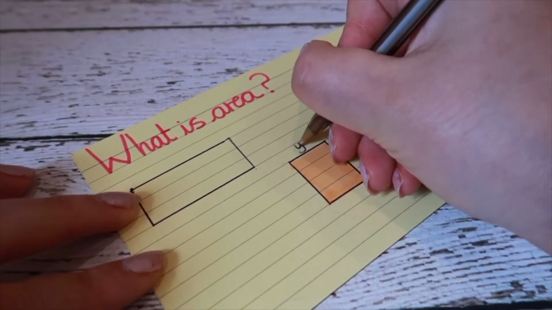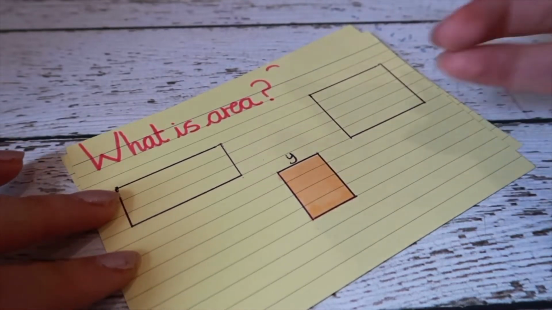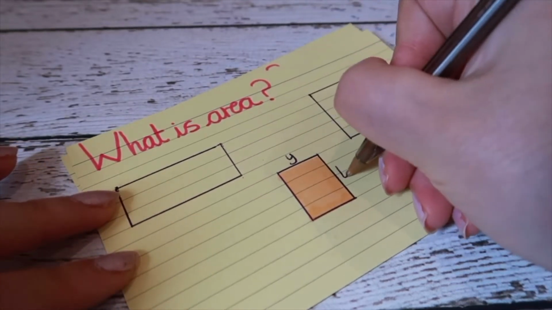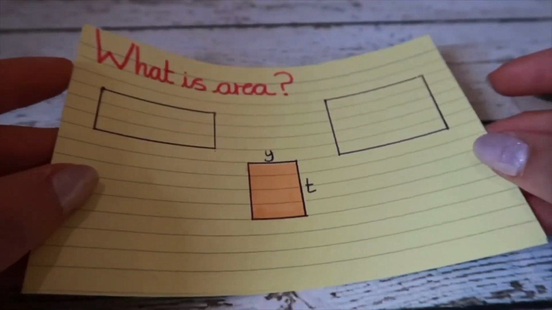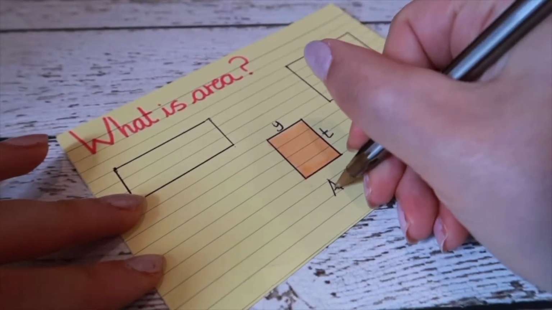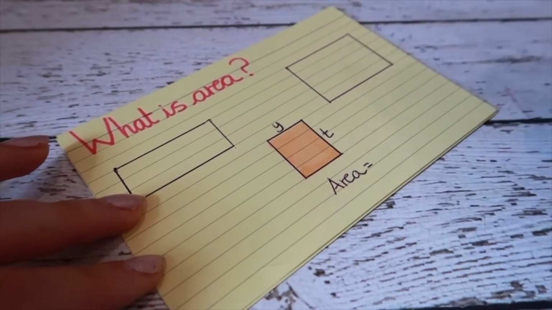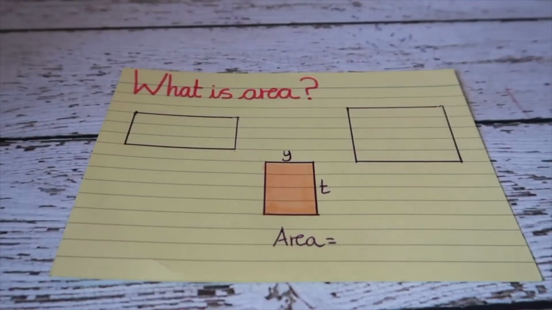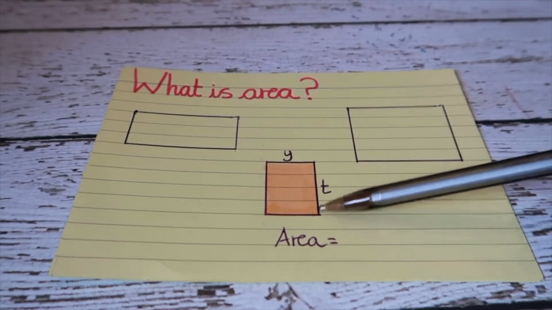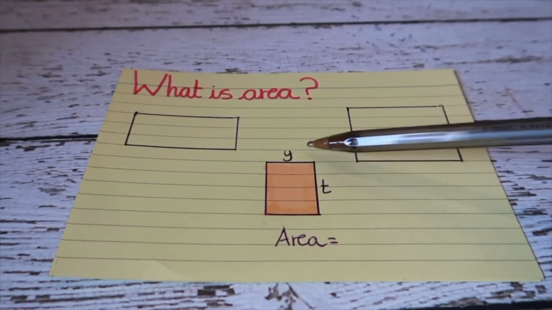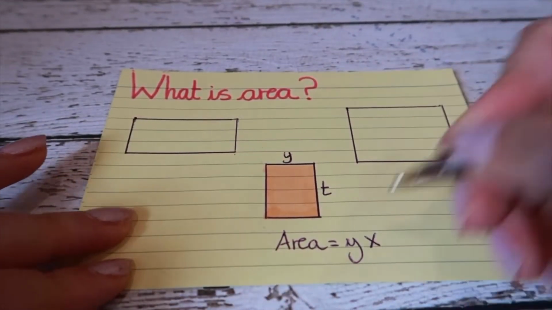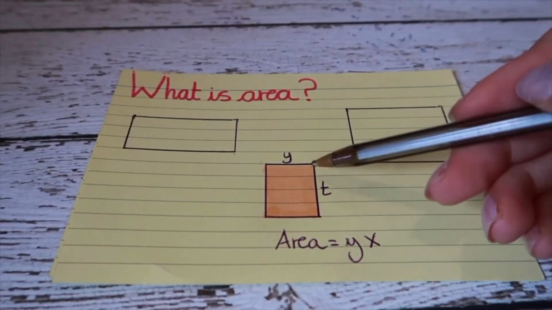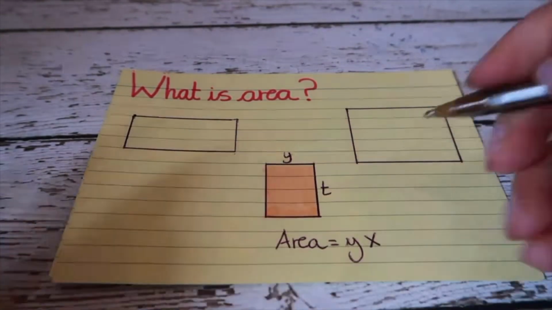Okay, if I was going to give this a width of y, so instead of giving it a number, I'm just going to call it y. I'm going to pretend that y is the number and the length is t. So remember, the area, you multiply the width by the length. So in this case, the width of this shape is equal to y, and then multiply it by the length, which happens to be t. So the area is equal to y times t.